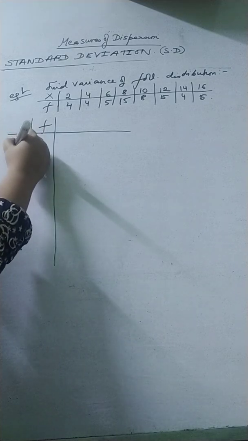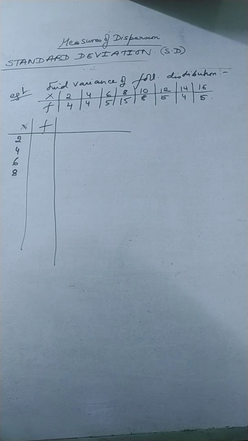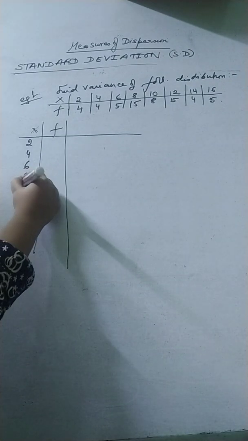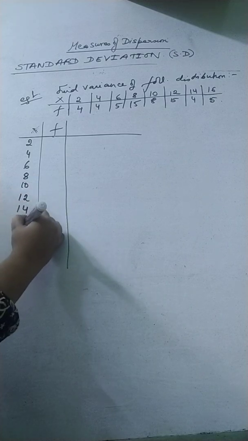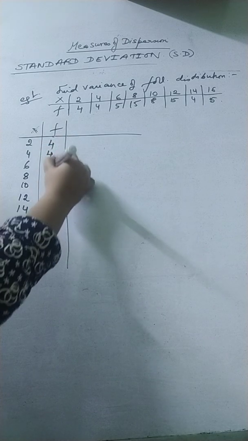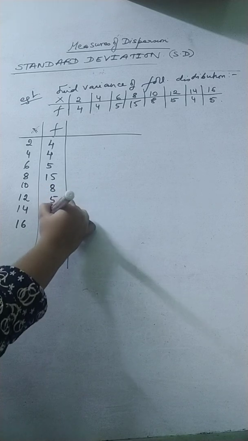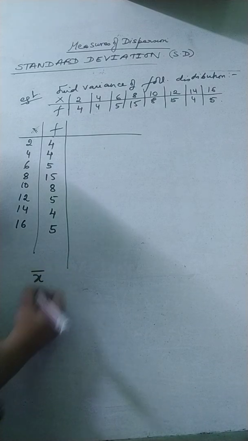So it's 2, 4, 6, 8, 10, 12, 14, 16. Frequencies are 4, 4, 5, 15, 8, 5, 4, 5. We need to calculate x bar, so below we are calculating x bar.